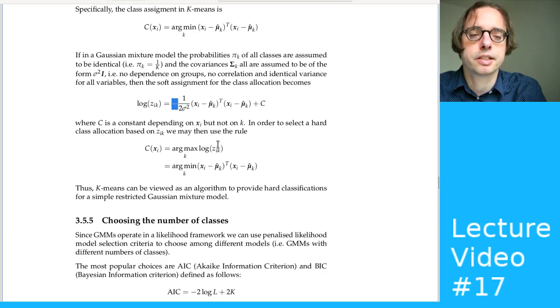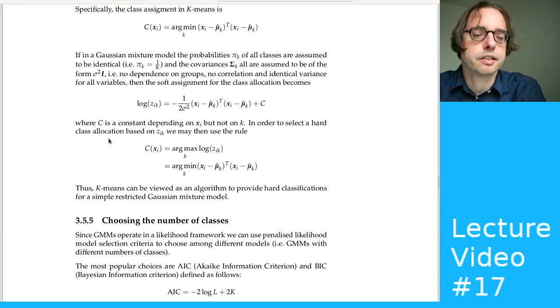So taking the maximum of this log z_ik is the same as taking the minimum of this squared distance from the means, because the sigma is of course just a scale factor. Therefore, now we can actually understand what k-means is doing, namely it's providing a hard classification for a very simple or restricted Gaussian mixture model. So that's an interesting connection.